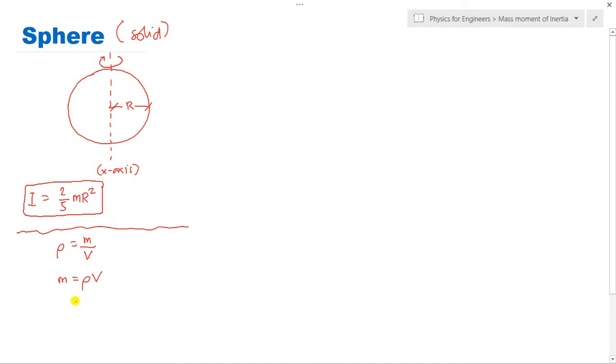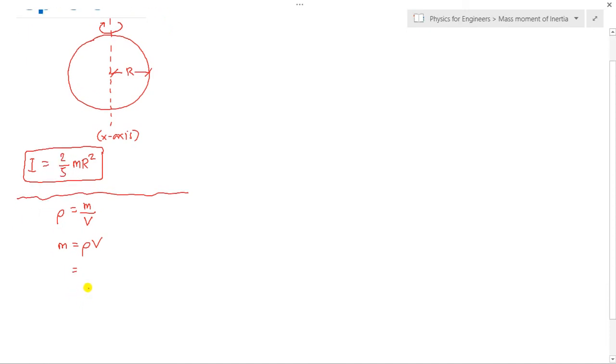So, Mr. Pagas, what is the formula for the volume of a sphere? Okay, 4/3 pi r cube, right? Okay, 4/3 pi r cube. Okay, so I put a small letter r here, because let's assume that the mass is a function of our radius.